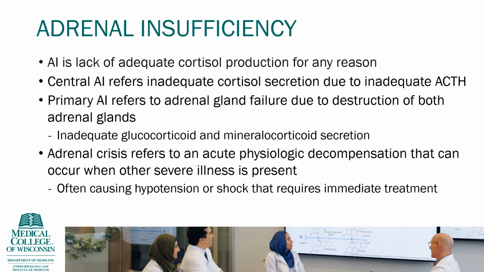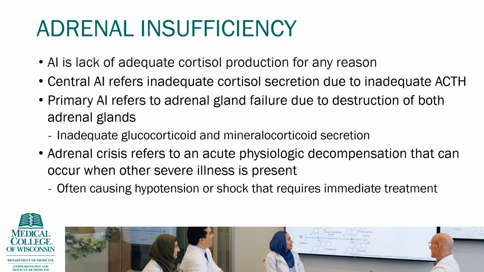We refer to central AI, or sometimes called secondary AI, as inadequate cortisol secretion due to inadequate ACTH production. So it's not the adrenal glands themselves that are the problem. Whereas in primary AI, the problem is the adrenal gland. There's failure of the adrenal glands due to destruction, really, of both adrenal glands.